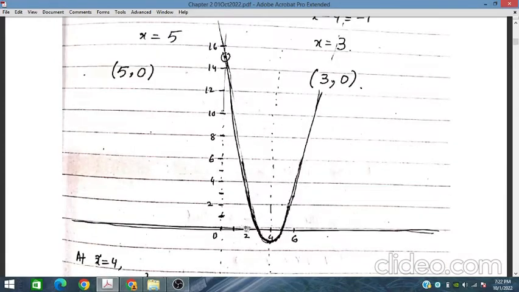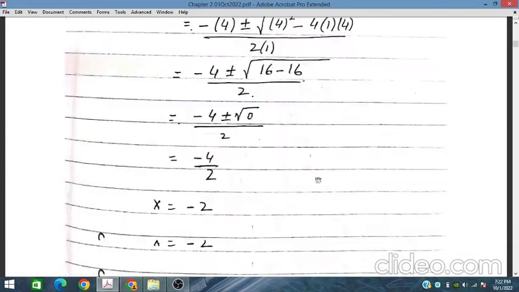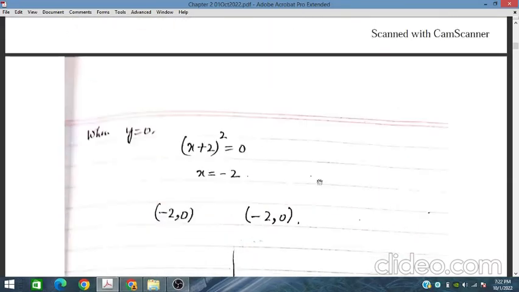This is 3, 0 and this is 5, 0. But in the second case, the curve was touching the x-axis at one point. So there is only one solution, or actually two solutions at the same point. You can say two solutions, because every quadratic equation has two solutions. So the solution is minus 2 comma minus 2, and again the solution is at the same point. So we will draw the curve like this.